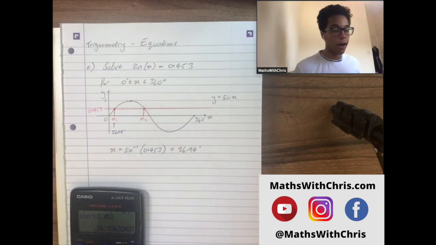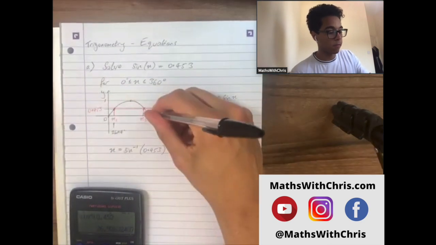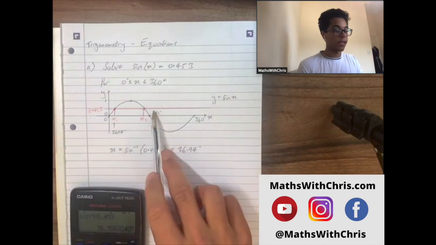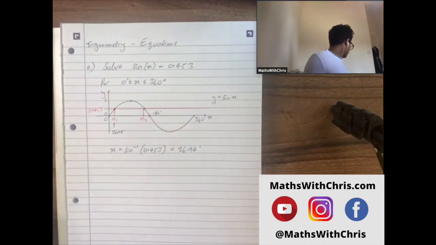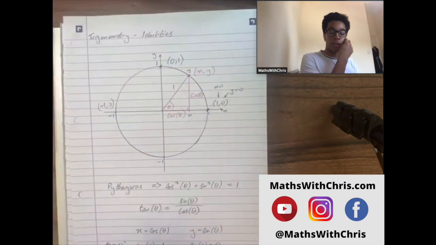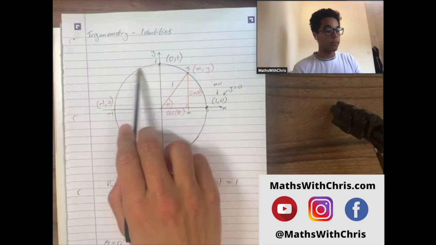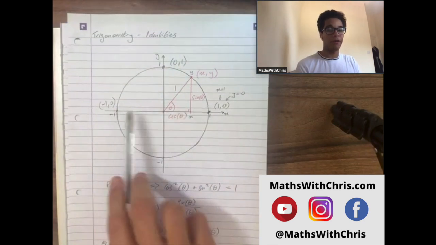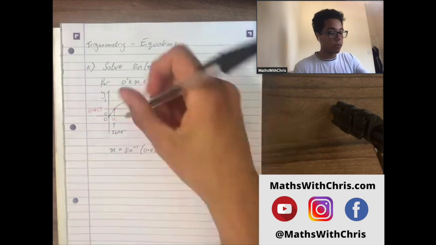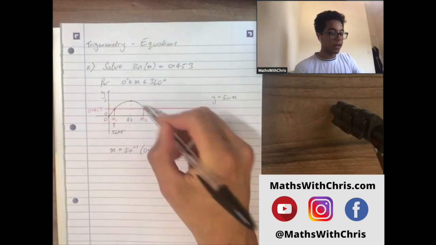So how do we do it? We use the symmetry of the graph. So we know this is 0, this is 180. Because of the unit circle and how sine is defined, you can see sine starts at 0, it goes all the way up, and it comes down again, and it's symmetric both ways. So about this point here, down through 90, this is symmetric, going up and down.